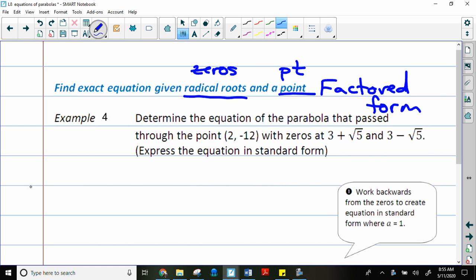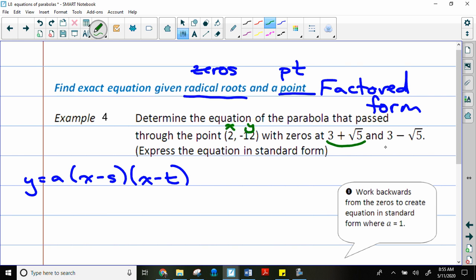So our factored form basic expression is a(x minus s)(x minus t). We've been given information in this question. We've been given a point, which is x at y, and we've been given two zeros, one of them that happens there, and one of them that happens there.